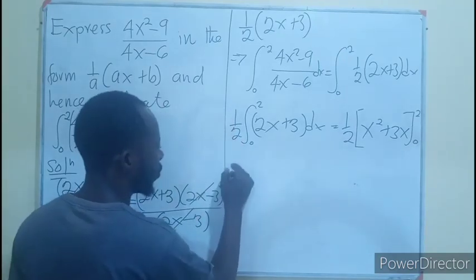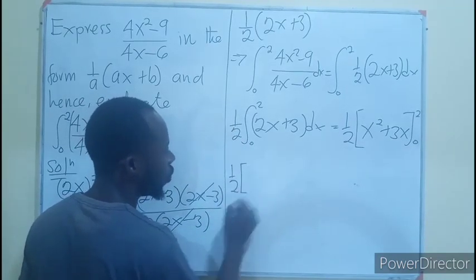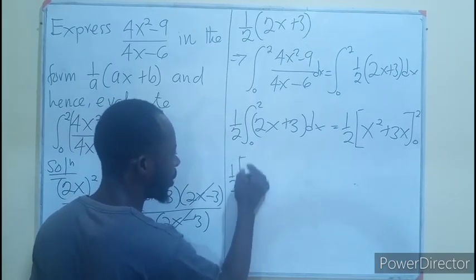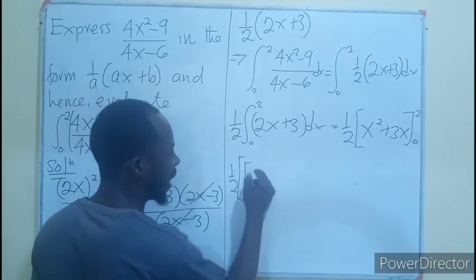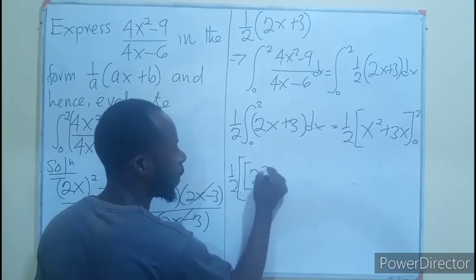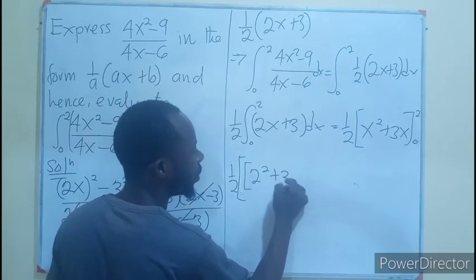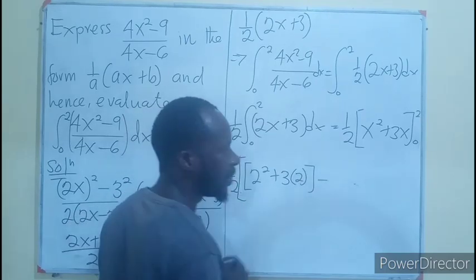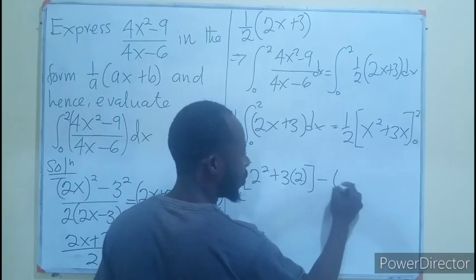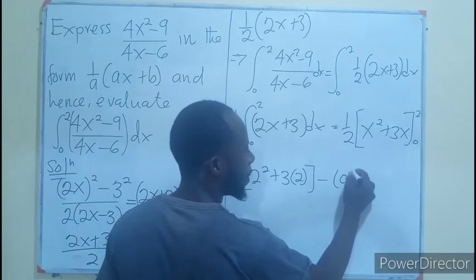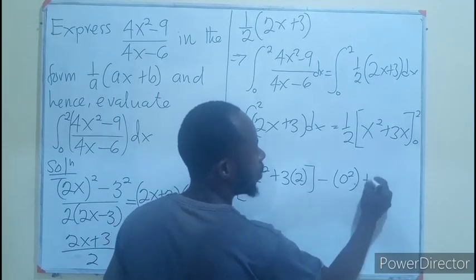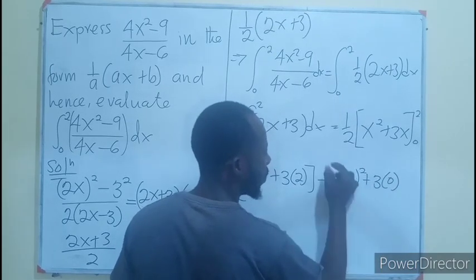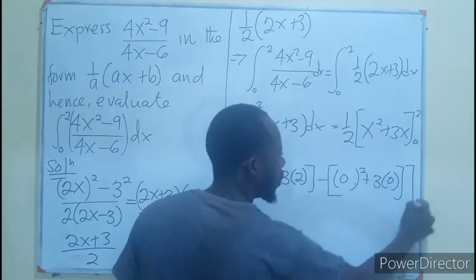Now we are going to substitute x by 2 and x by 0. So this becomes 1/2 multiplying x², which is 2 squared, plus 3x, which is 3 times 2, minus 0 squared plus 3 times 0.